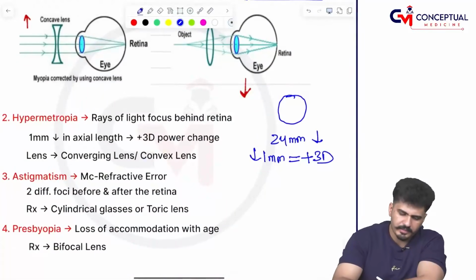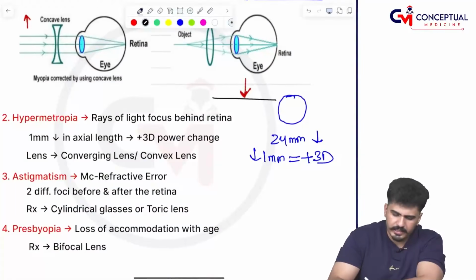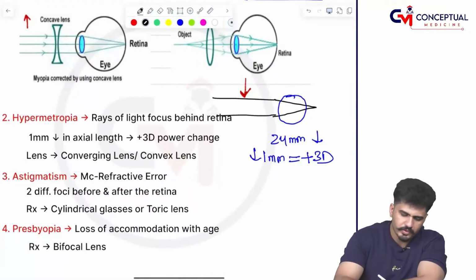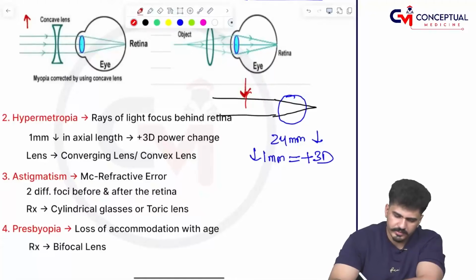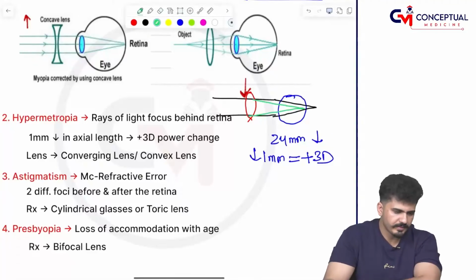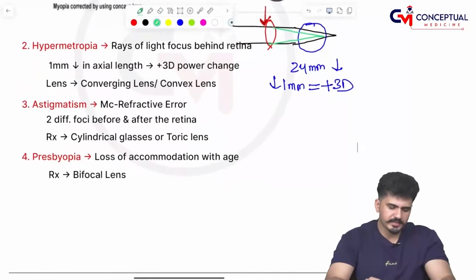Here the rays are coming and they are getting converged behind the retina. So you need a converging lens. Converging lens means convex lens. Here it will converge and new rays will be formed. Okay, done. Hypermetropia is done, myopia is done.